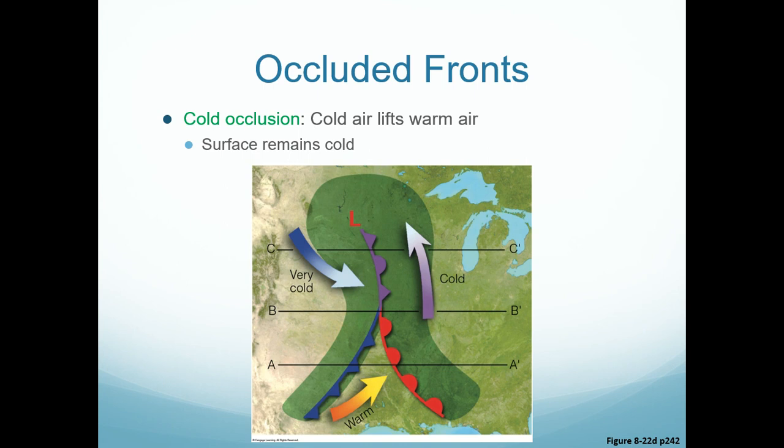This would be a good example of when a cold front overtakes a warm front in the middle of the Great Plains, because then you'll have your continental polar air mass overtaking your maritime tropical air mass, which would be overtaking, this could be either continental polar or maritime polar, one or the other, just not quite as cold.